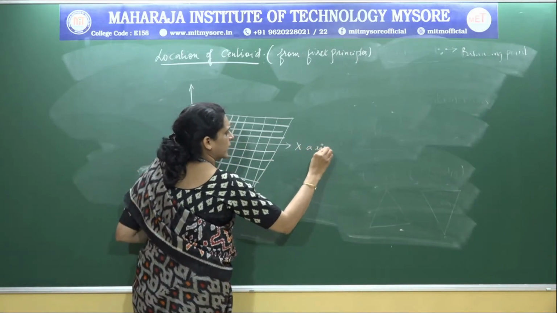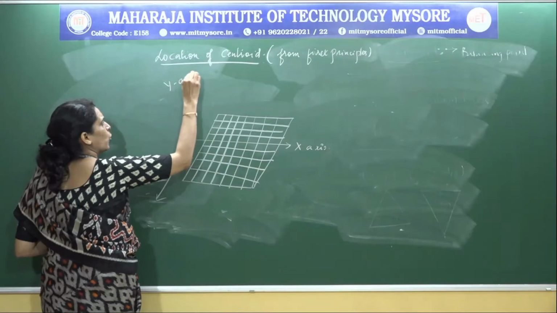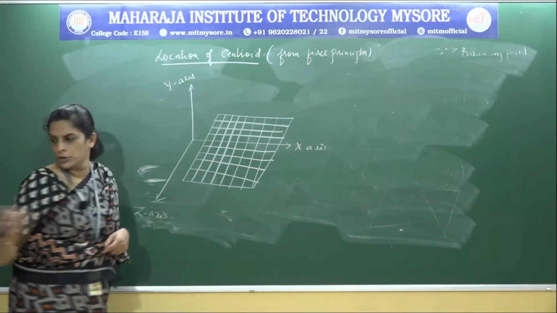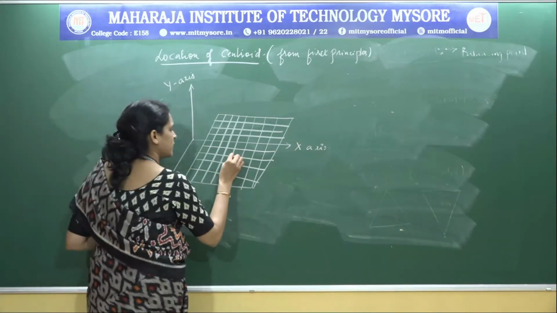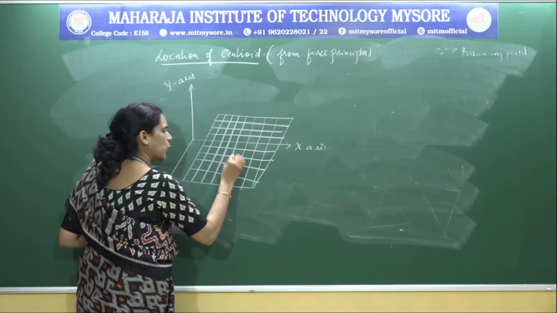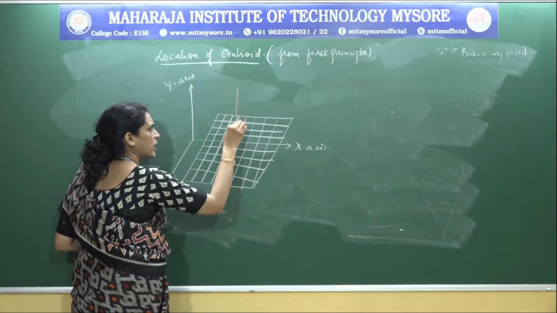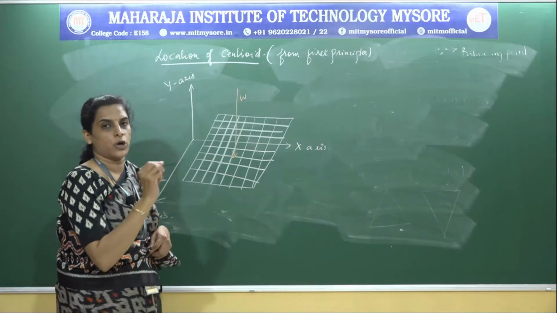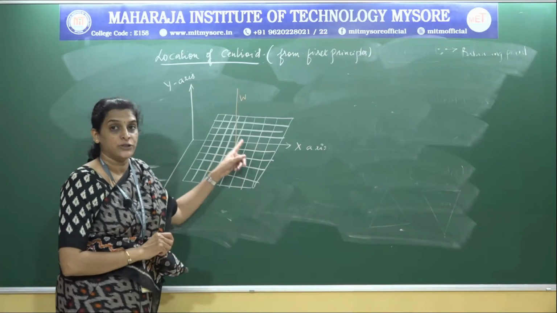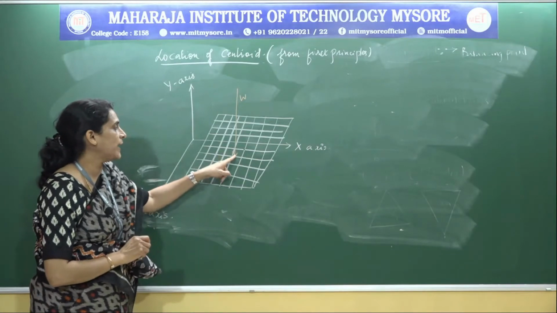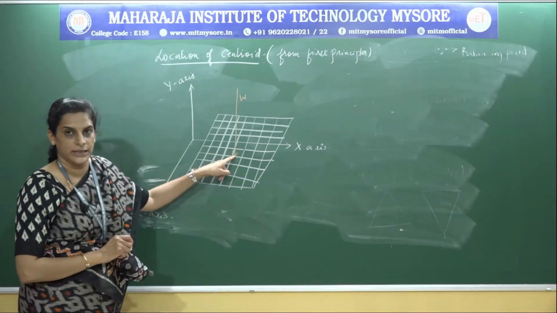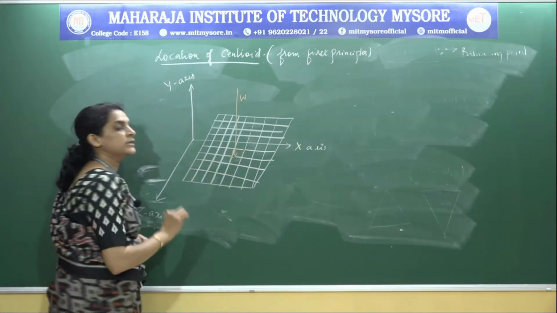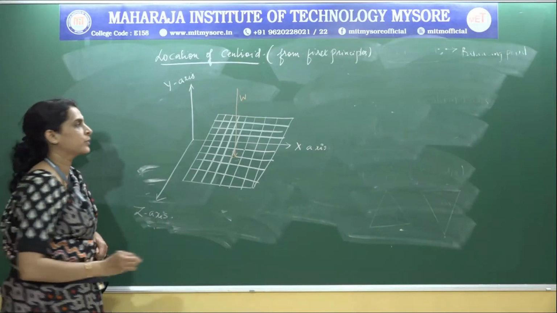Here is our x-axis, this is the y-axis and the z-axis. As mentioned, we will be locating the centroid at a point where the total weight is concentrated. So the total weight of the body is concentrated here. This itself is the point that is to be considered.